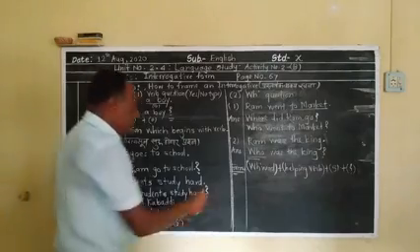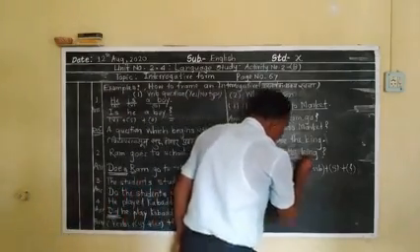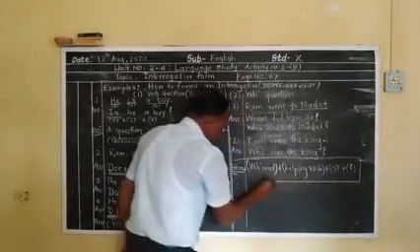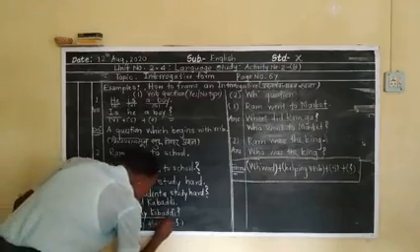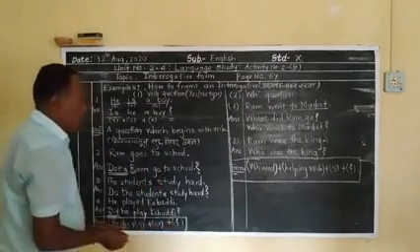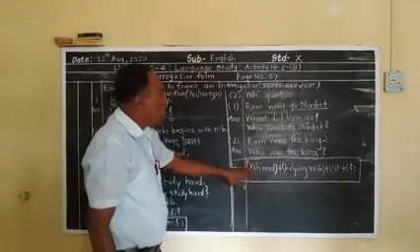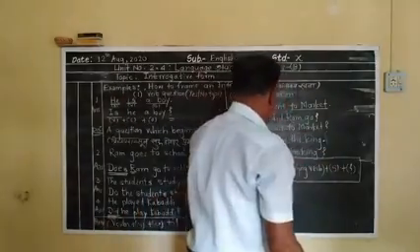Understood now, student? Here is the formula of verbal question and here is the formula of WH question.